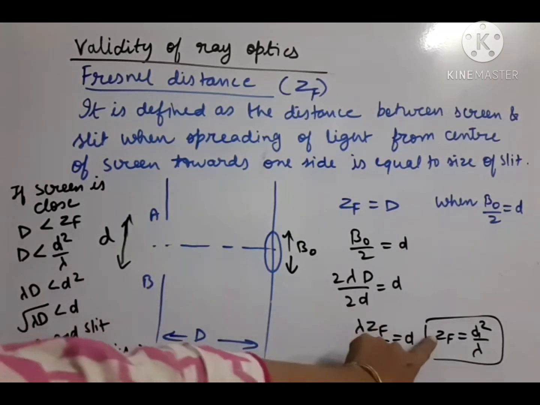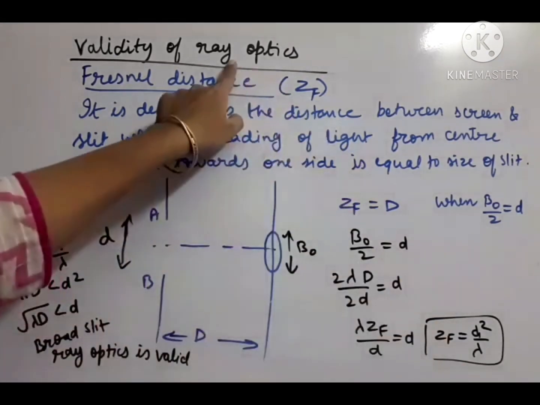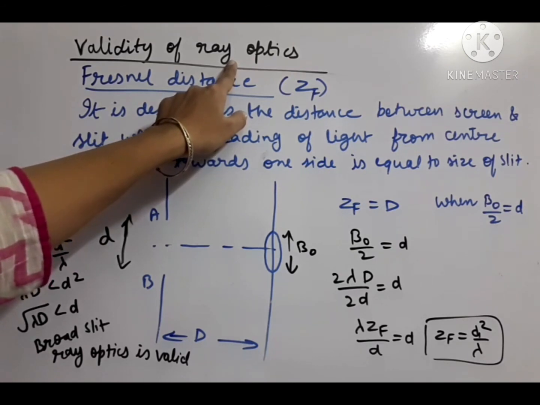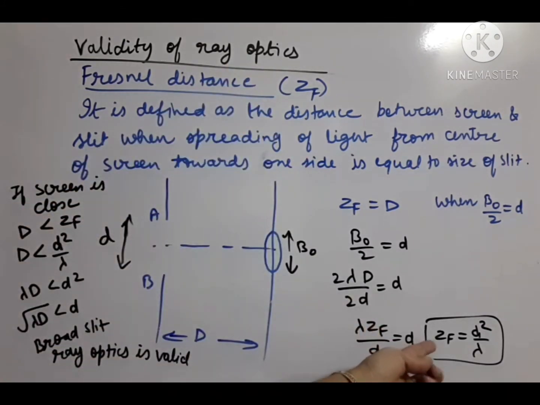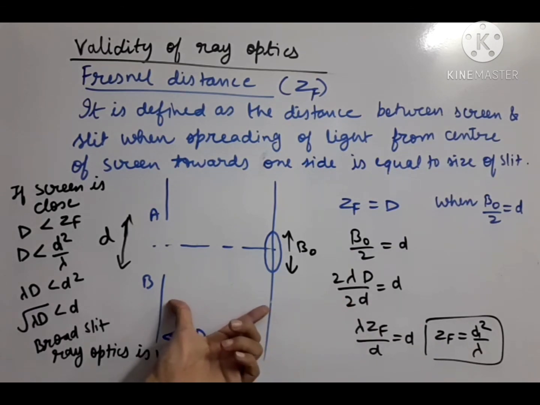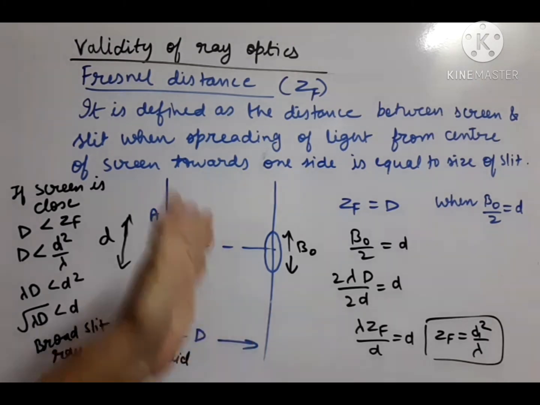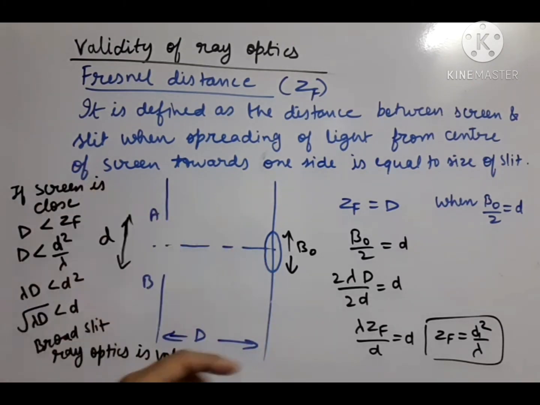Let us relate the Fresnel distance formula with the validity of ray optics. As we know, we are studying optics in two parts, ray optics and wave optics. So we have got one standard formula, ZF, a criterion to divide ray optics and wave optics. Let us consider this example.